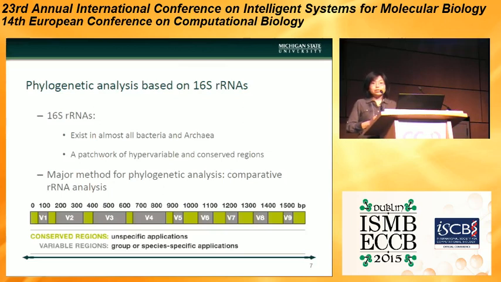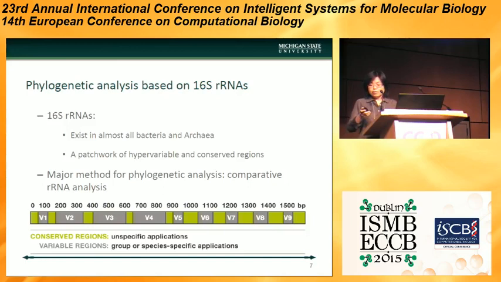Second, it has a very nice structure for phylogenetic analysis. It is a patchwork of highly conserved regions and also species-specific regions. So those highly conserved regions can be used for primer design, and those variable regions are good for species-specific applications. That is to identify the species information from those regions.